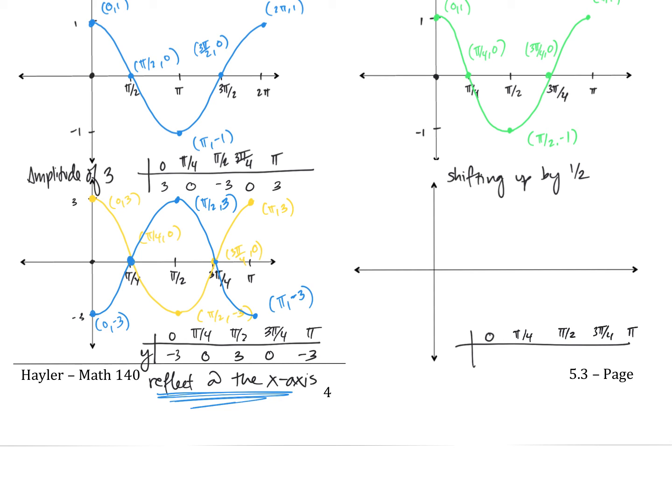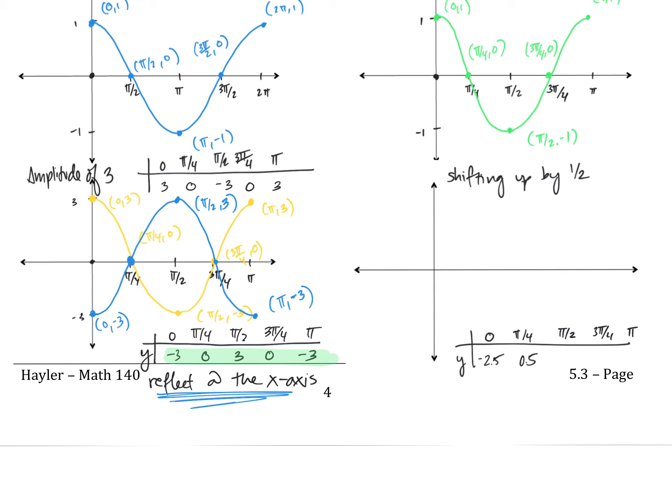Alright, let's see. So shifting up by 1/2, that means we're going to be adding a half to all these values. So that'll be -3 plus 1/2, that'll be -2.5. Then we have 0 plus 1/2, so that'll just be 0.5. And pi over 2 plus 1/2. Once again, I'm adding these values to the ones here because we're always building off of the graph previously.